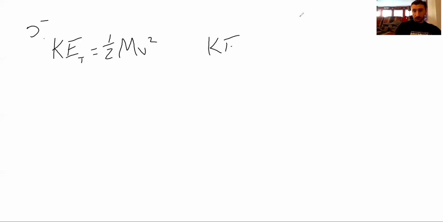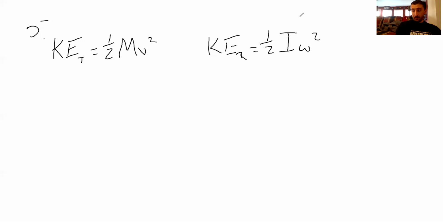So let's look at translational kinetic energy. Very easy. We'll label that as T equals 1/2 m v squared. All right. Rotational kinetic energy is equal to 1/2 the moment of inertia times the angular velocity squared.